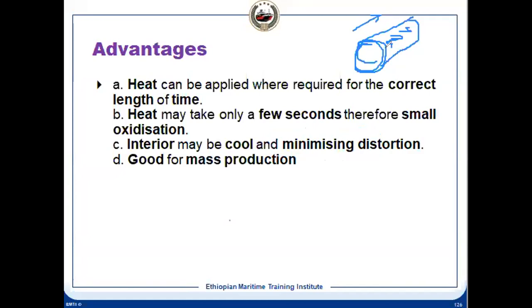So what is the advantage of this? If there is oxidation, the surface will be harder, yes? Yeah, that's what we want. But this method minimizes oxidation because it stays only a few seconds. Yeah, because we want a very small layer of surface hardness. We don't want inside hardness.